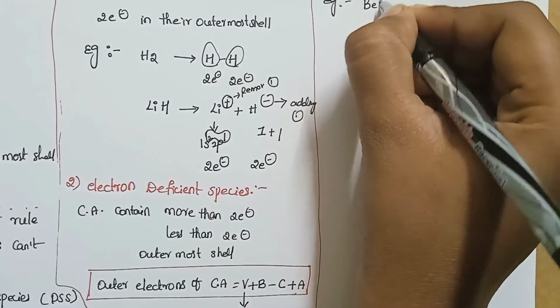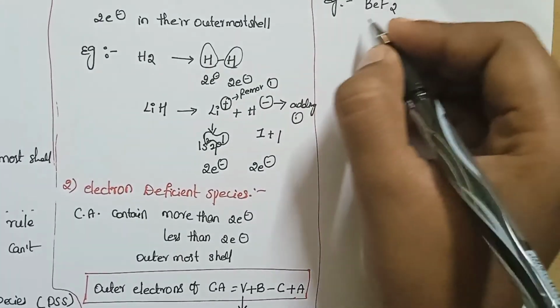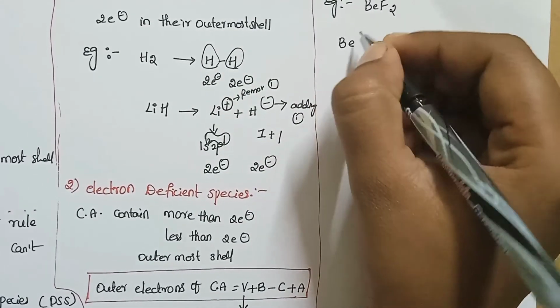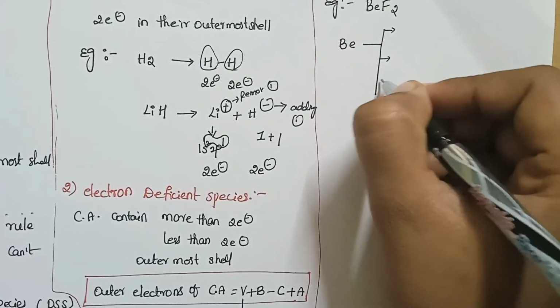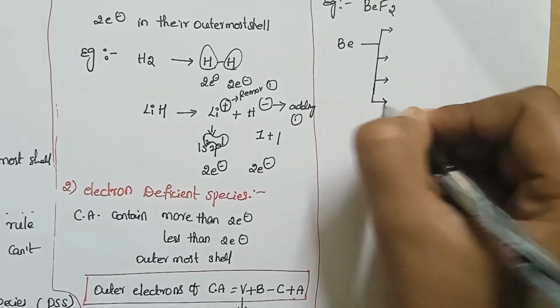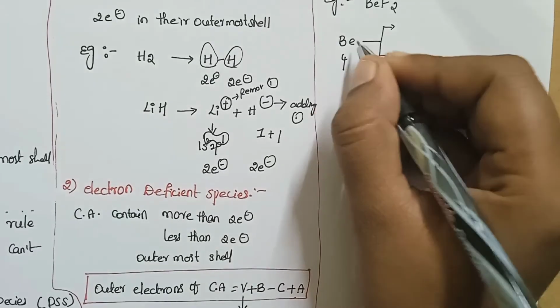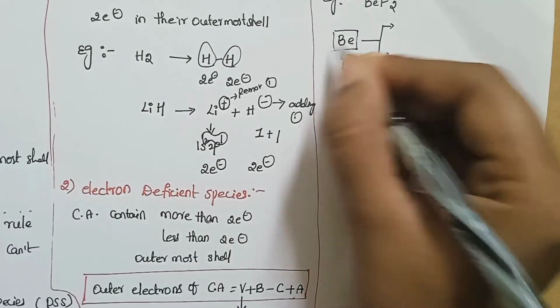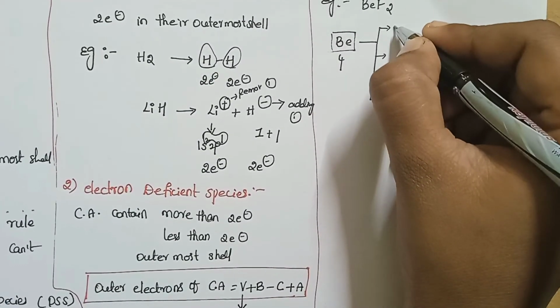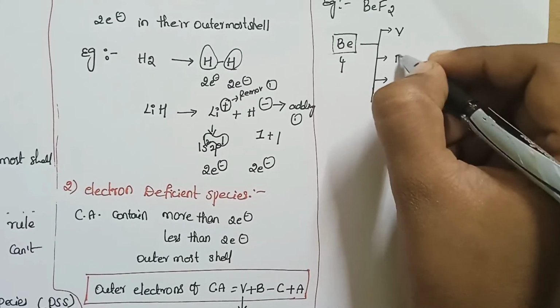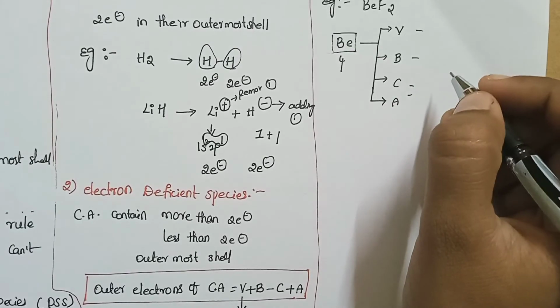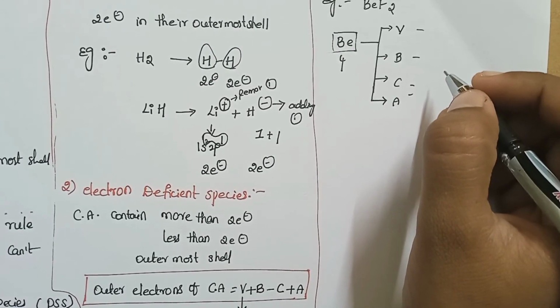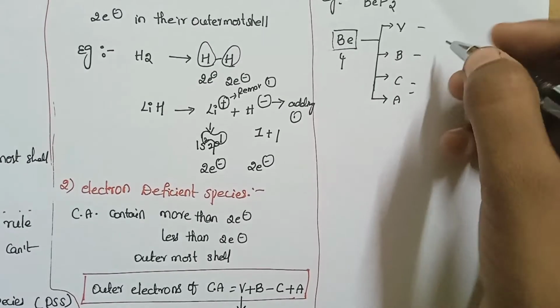Example: BeF2. So beryllium, atomic number 4. What is V, B, C, A? V means number of valence electrons of central atom in free state, that is 2.